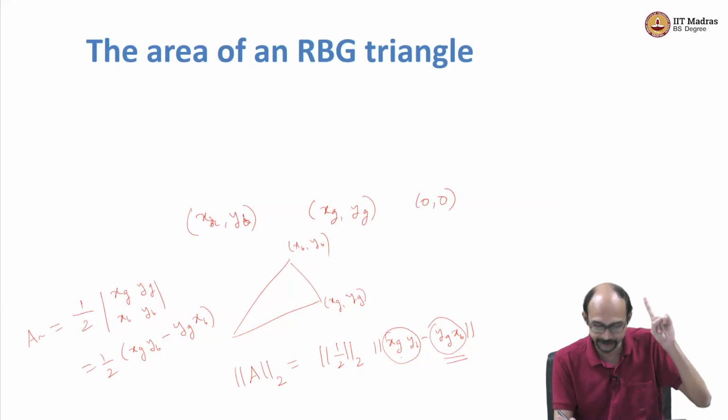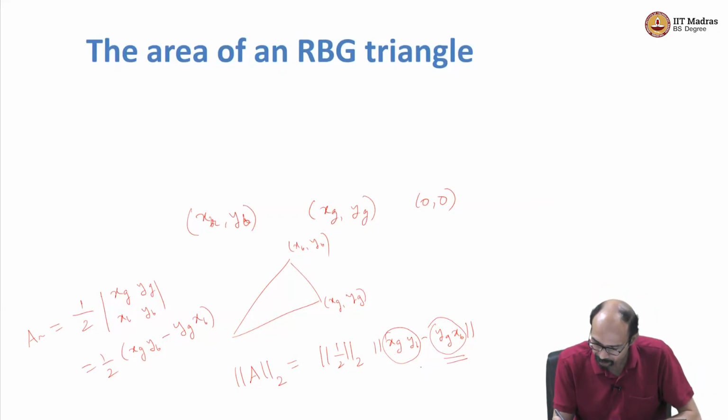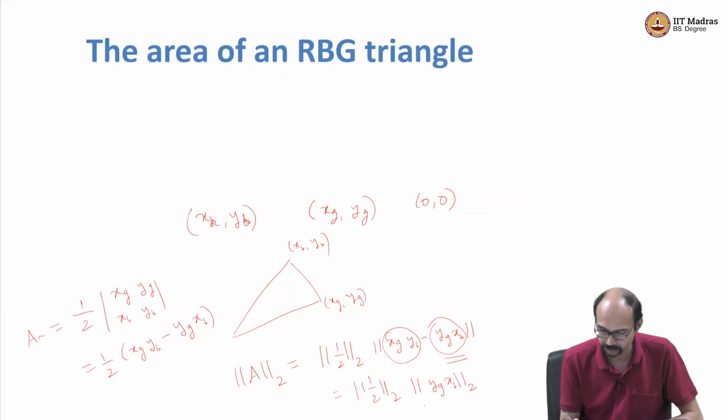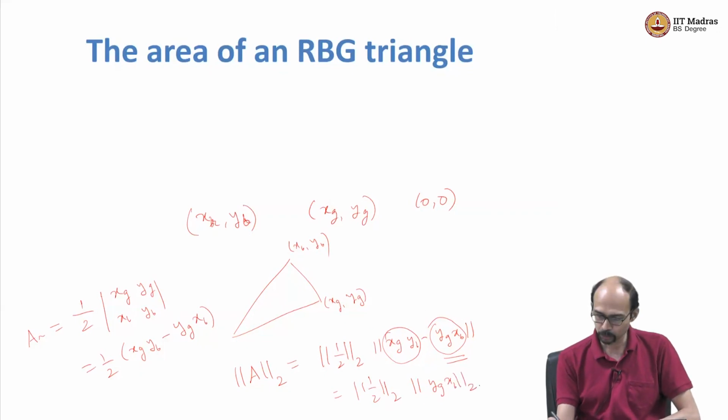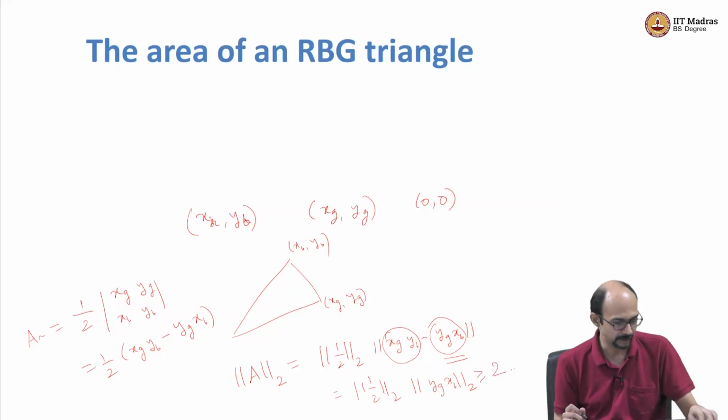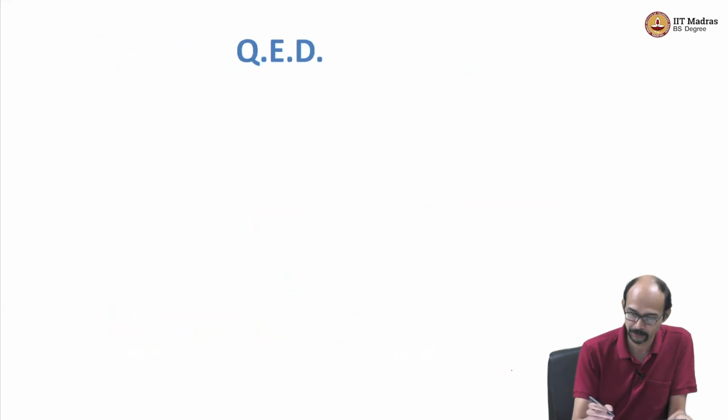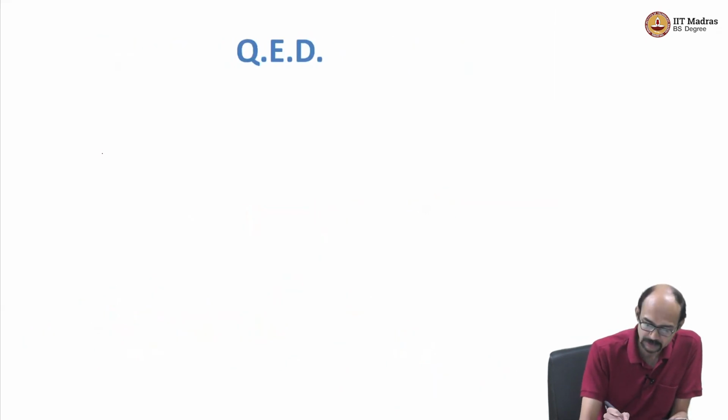So by that ultrametric thing, this entire norm is actually the norm of yg, xb. But both these norms are bigger than 1. That was how we arranged it. So this entire norm is just greater than or equal to whatever was the norm of half. And what was the norm of half? It was 2.